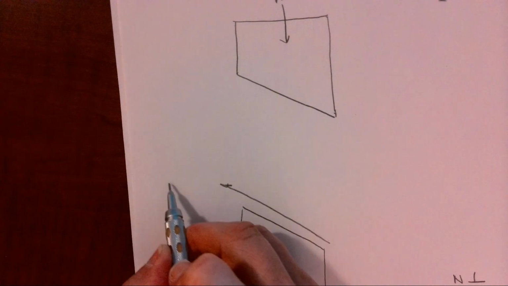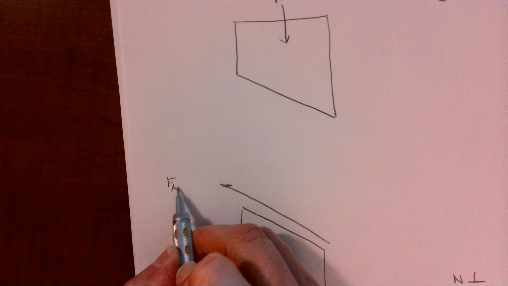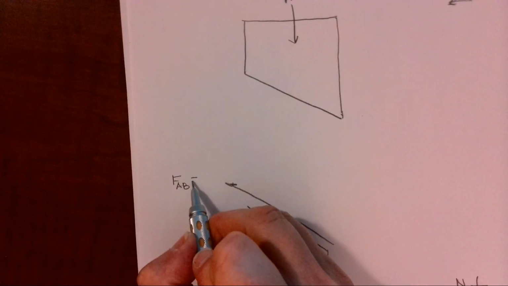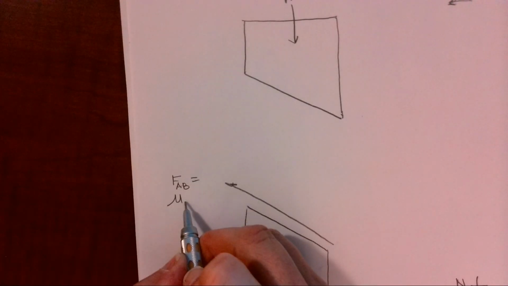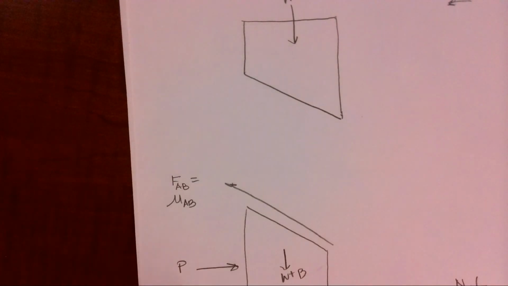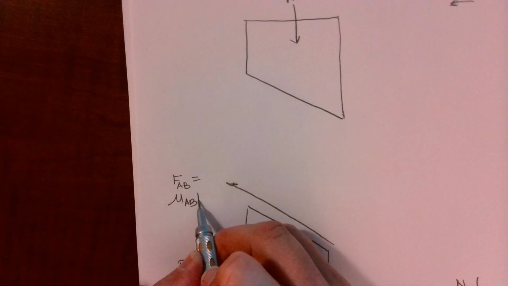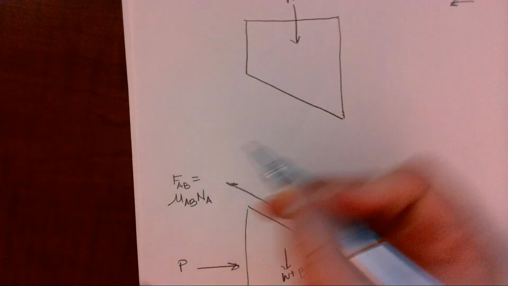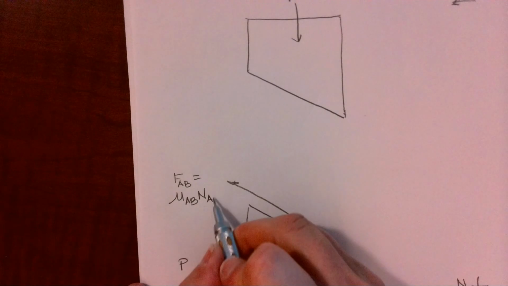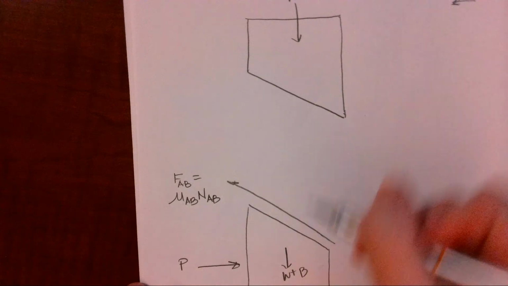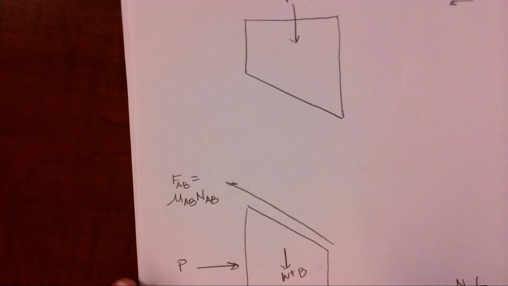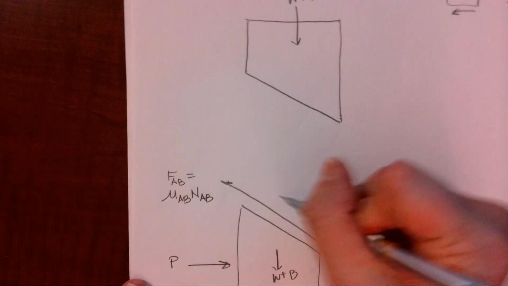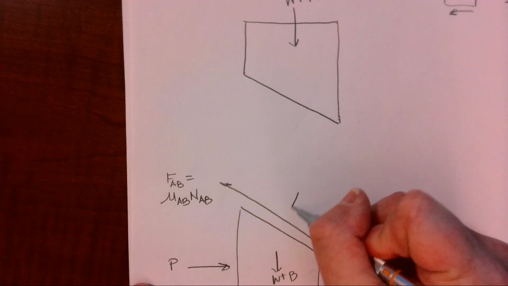And I have the force of friction here at my AB interface, and that's going to equal mu, my static coefficient of friction, times that normal force that's coming down from A, which means B is pushing back up on it. And I know that I have that normal force that's going to be acting perpendicular to my cross section.